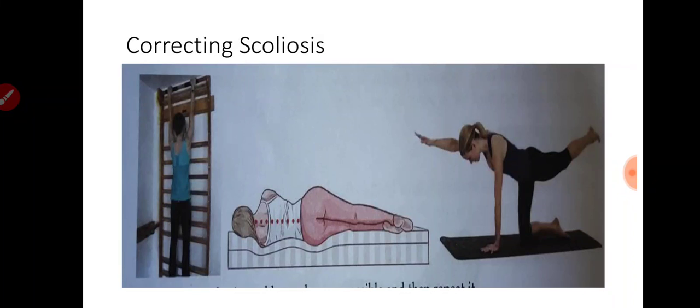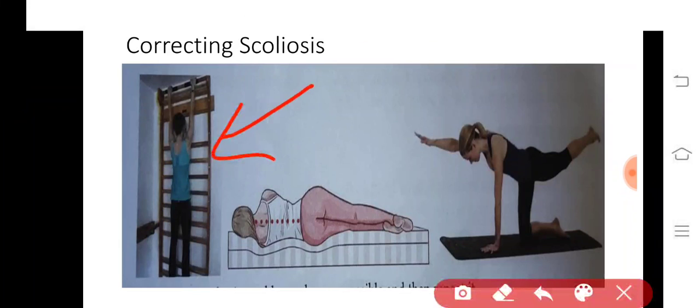Here you can see three photographs in this slide. So to correct this scoliosis, we should hang from a horizontal bar as long as possible and then repeat it.